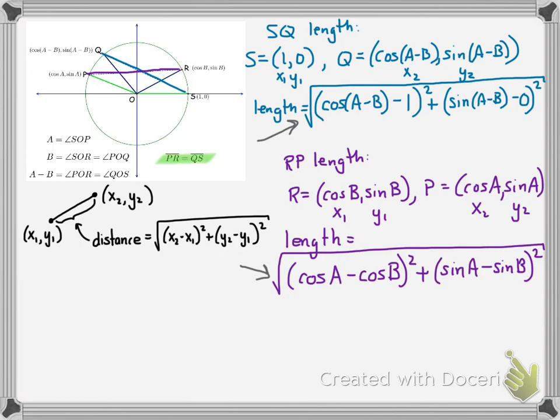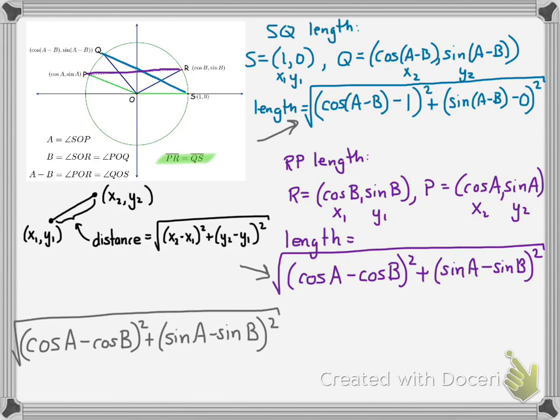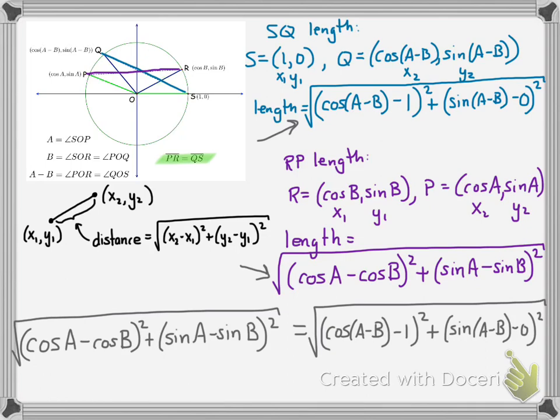I've got the square root of (cosine of A minus cosine of B) squared plus (sine of A minus sine of B) squared, equals the square root of (cosine of A minus B minus 1) squared plus (sine of A minus B minus 0) squared.